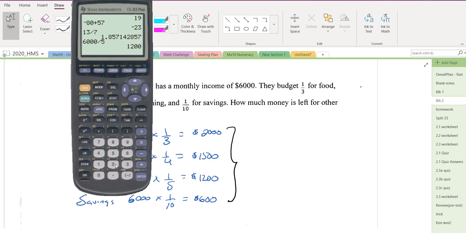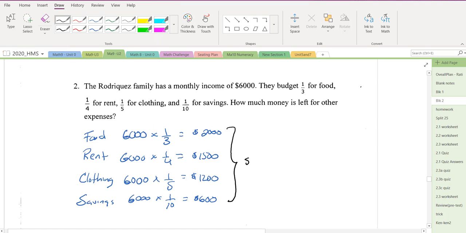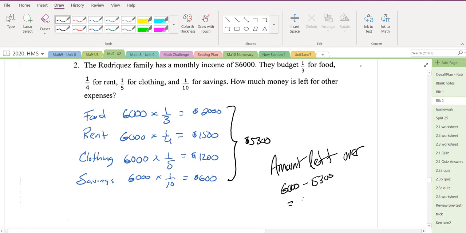We go 2,000 plus 1,500 plus 1,200 plus 600. 5,300. You guys get that number? All right. So they spent 5,300. So the amount left over would be our 6,000 minus our 5,300, which is $700.